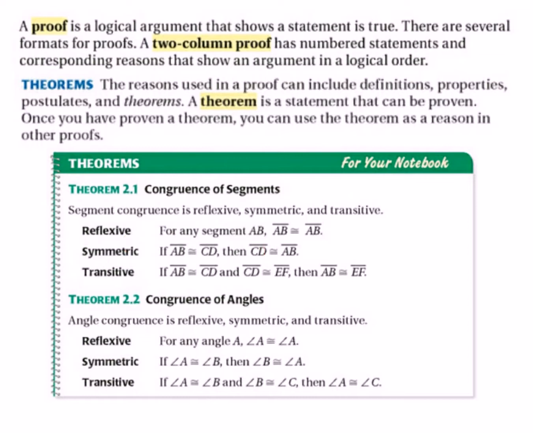very similar, but notice it is an interchange. Notice that AB is the second part and CD is now the first part. So you're doing an interchange. Notice here on your P, if P then Q, that you have segment AB is congruent to segment CD, and then on the Q part, you have segment CD is congruent to segment AB.